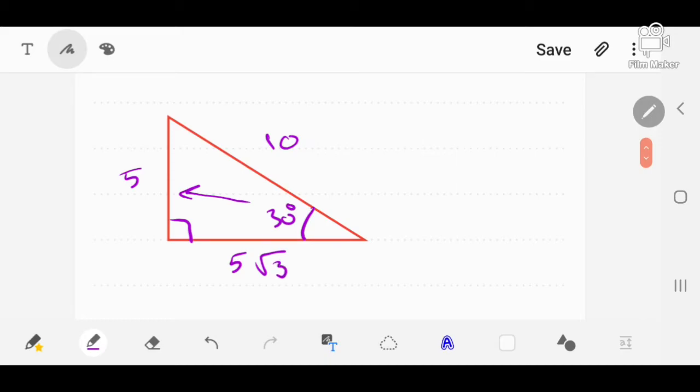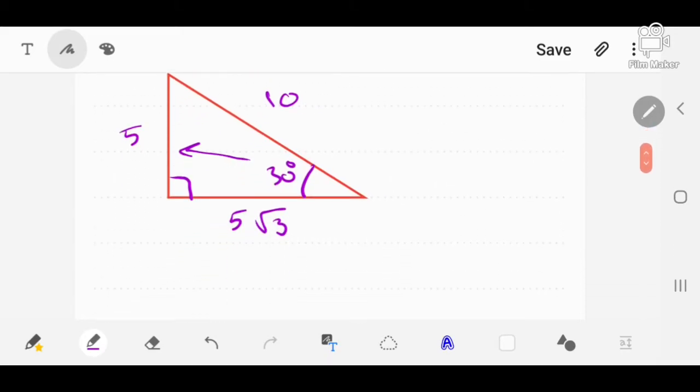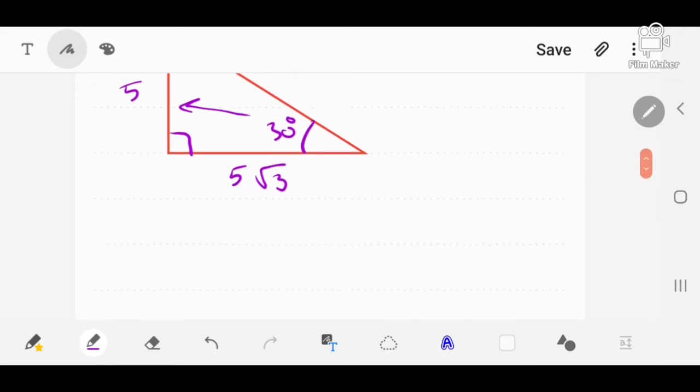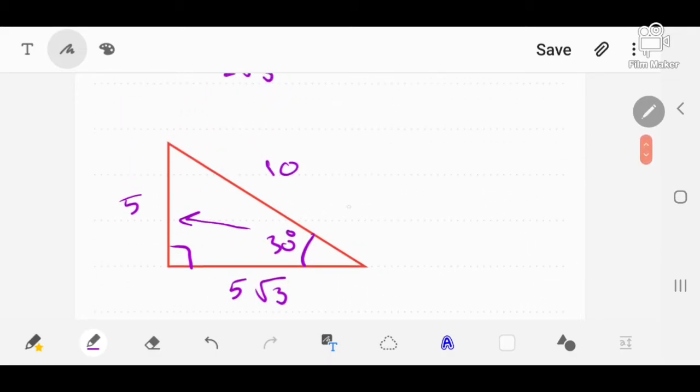Actually, this is true for all the angles, not only for 30. The ratio between the sides will always be the same. So if you look at this here, opposite of 30 over the hypotenuse will give you 5 over 10, which is half. What about this one?